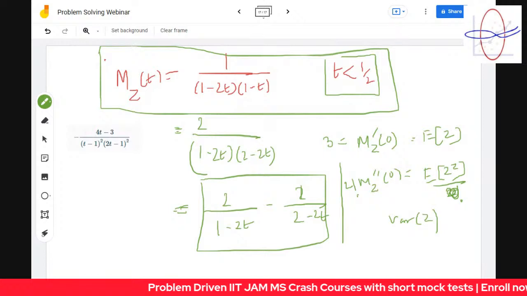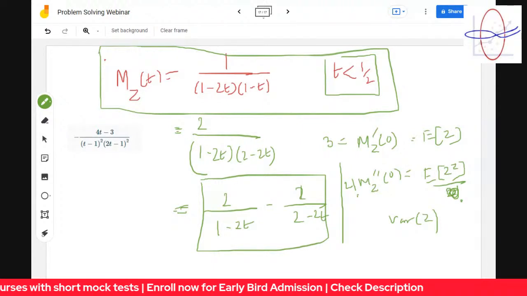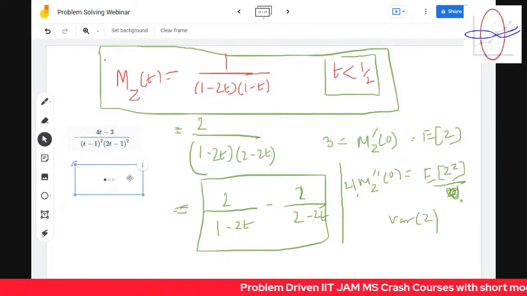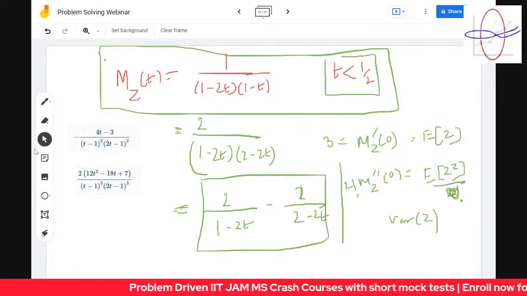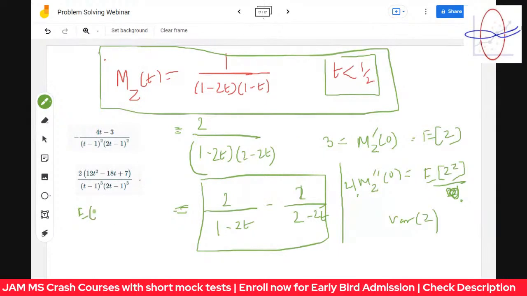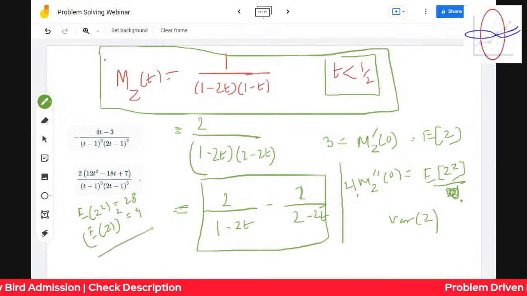So you get the double derivative, put 0, you get 1 again below, and above you get 14. So expectation 14 you get. So you get expectation of Z square is 28, and expectation of Z whole square is 9. So you get variance is 19. Do you get variance 19, guys?